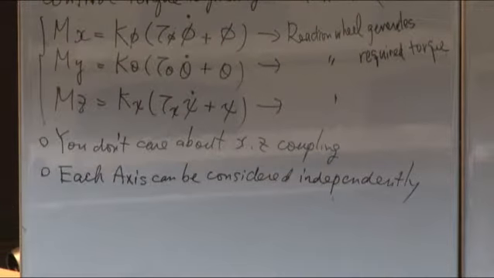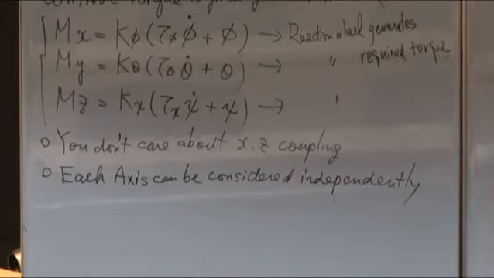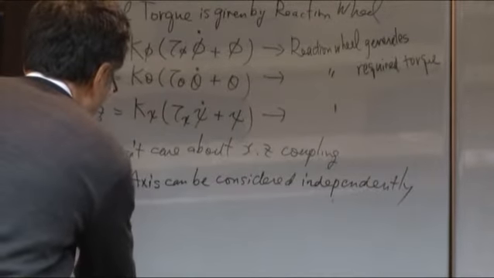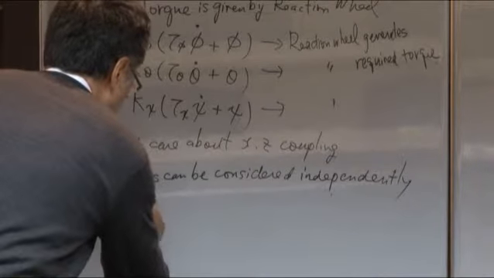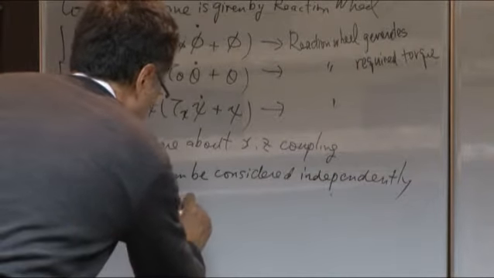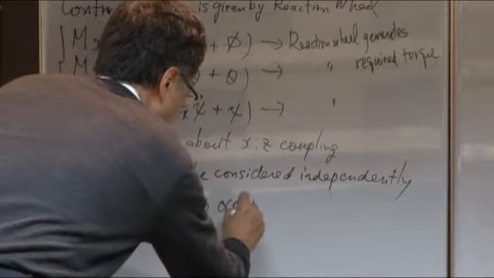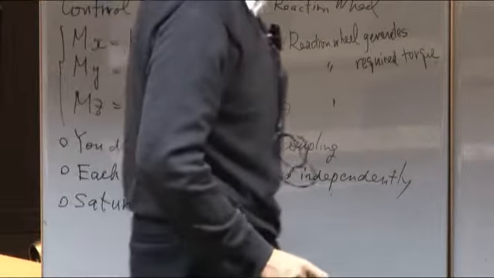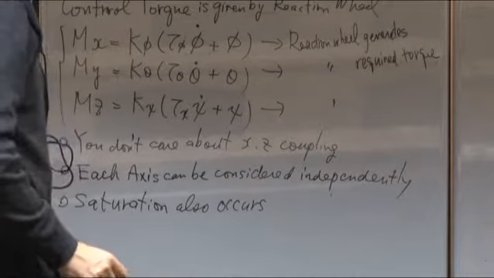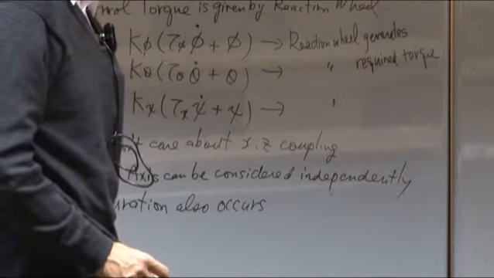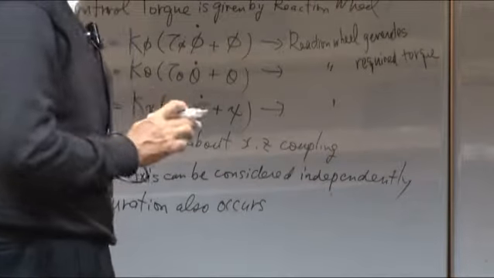But you should also consider the saturation of the reaction wheel, because it is controlled by the reaction wheel. Okay, so the reaction wheel has some point of saturation. So you should also add magnetic torque or thrusters to obtain outside torque for each axis, in order to avoid such saturation of each axis.